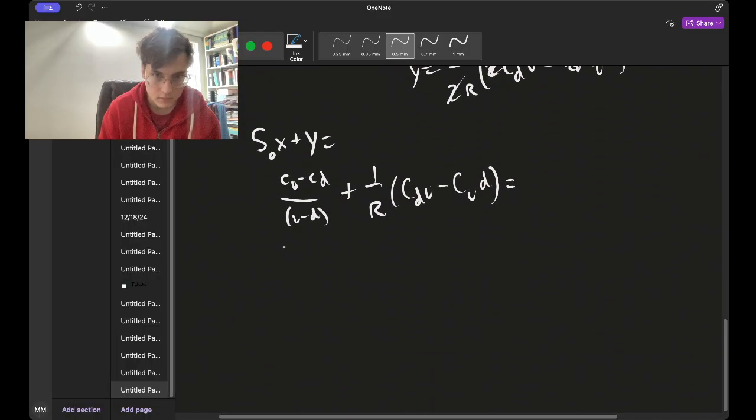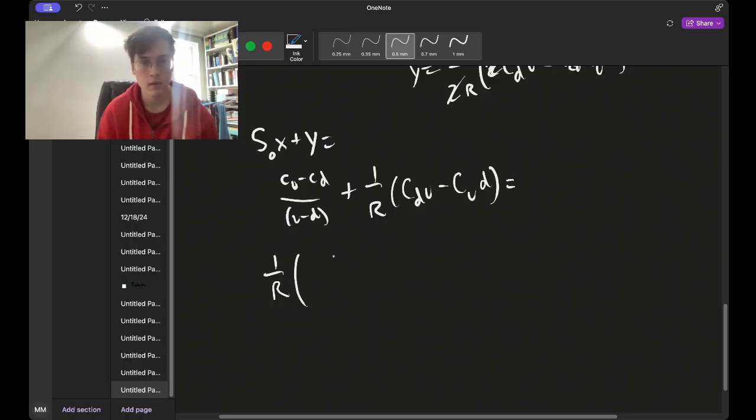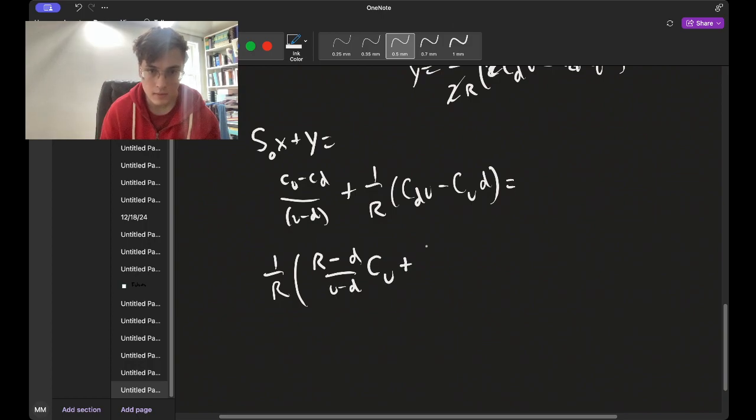Let's take out the 1 over R in front, and then we end up with, so we're multiplying. So here's how I'm going to collect terms later. Yeah, so CU minus CD, so this will be R minus D over U minus D times CU plus, whatever, I think it's like U minus R.